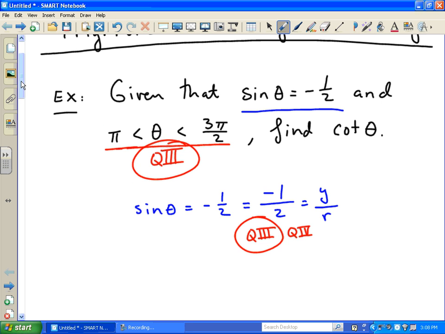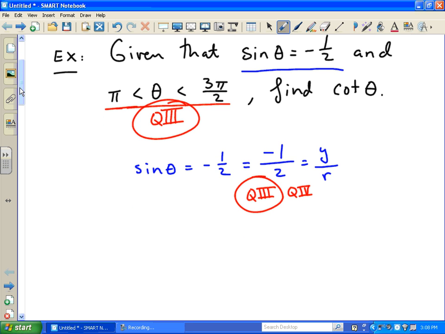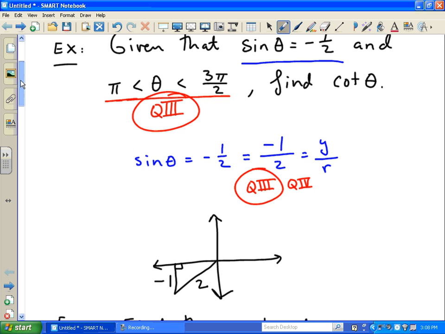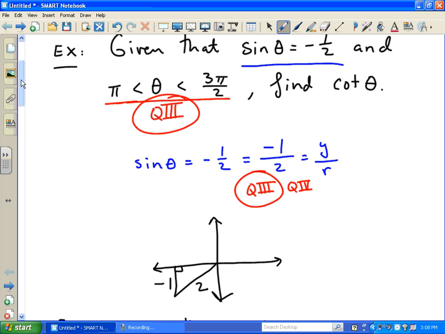So I need to find cotangent of theta. Draw a picture. We are in quadrant 3. We need a triangle that has a y value of negative 1, an r value of 2. Now in this particular example, I don't really need to do any work because I know an angle that has a hypotenuse of 2 and another side of negative 1.